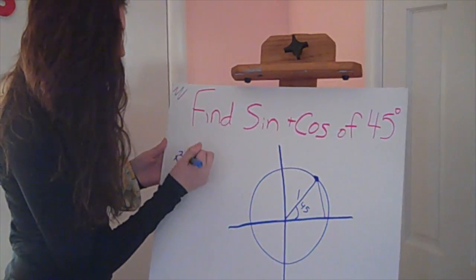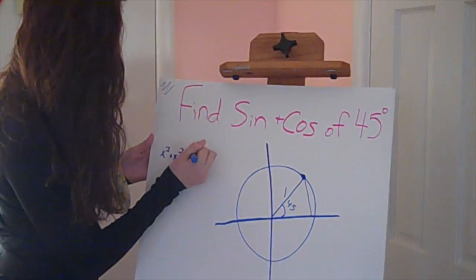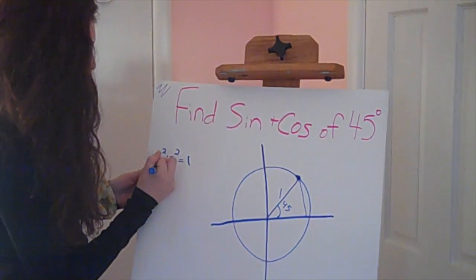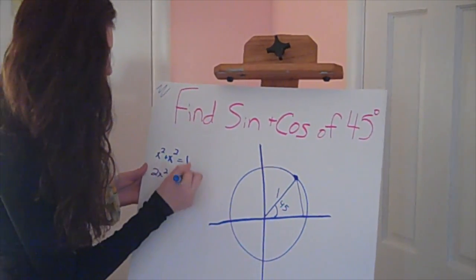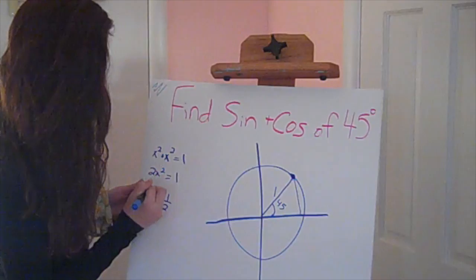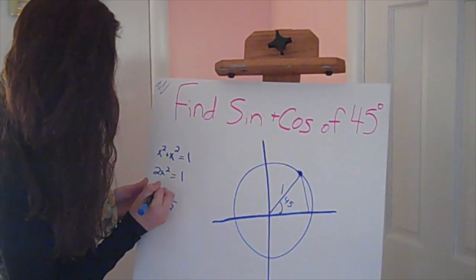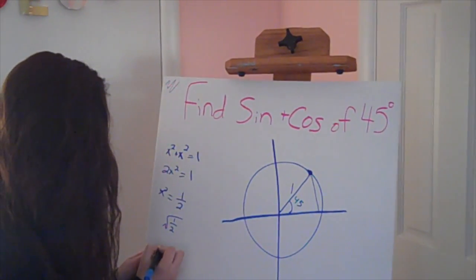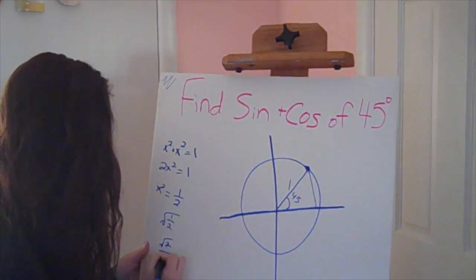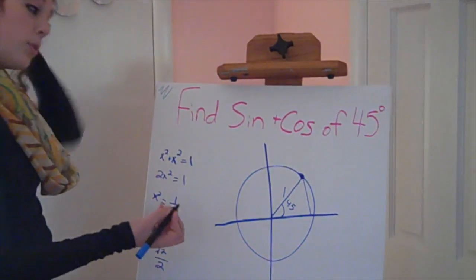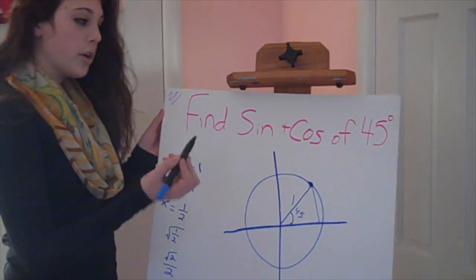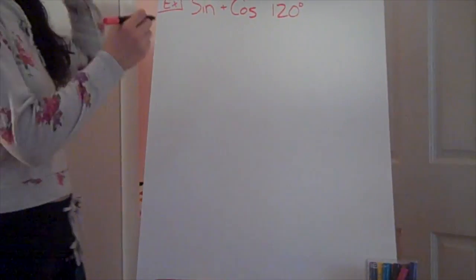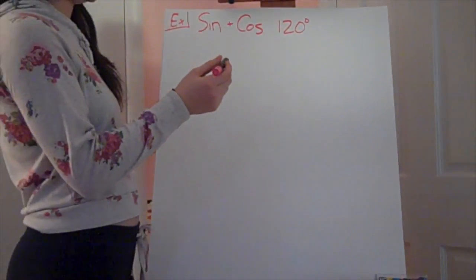So solving with the Pythagorean theorem, since the sides are equal, we can use x squared for both. If we solve it out, we get root 2 over 2 for both sides, so both the sine and the cosine of 45 degrees are root 2 over 2.